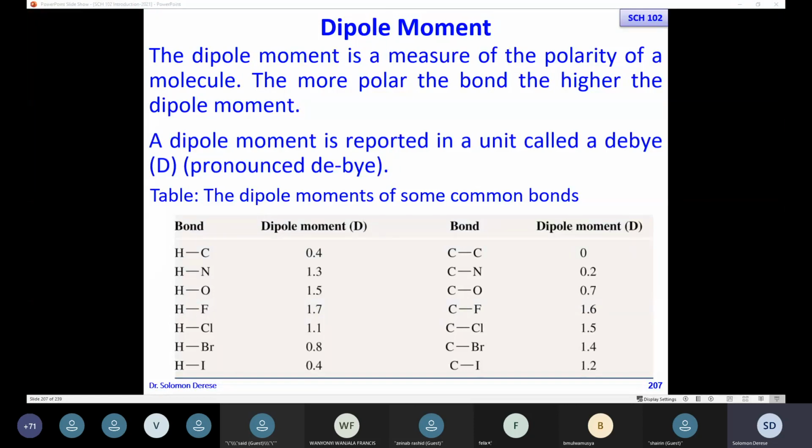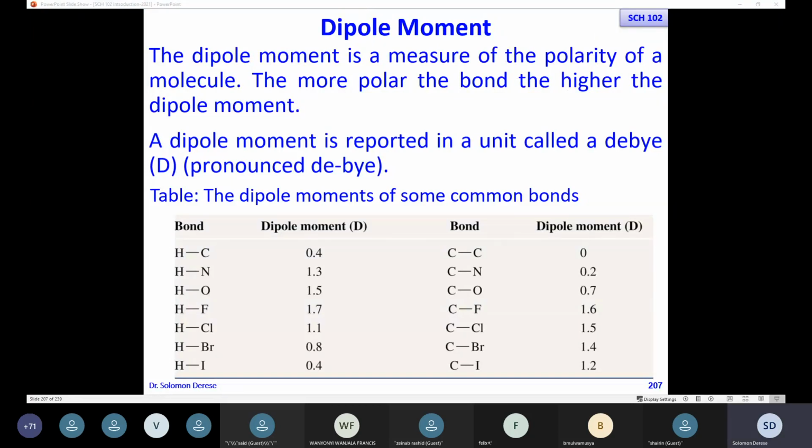Since carbon is a bit more electronegative than hydrogen, carbon will pull the electrons of the carbon-hydrogen bond towards itself more than the hydrogen would. So on the carbon, we'll have an excess of electron. On the hydrogen, we'll have a deficiency of electron. On the carbon, we put a partially negative charge. On the hydrogen, we put a partially positive charge. This is one way of showing the polarization of a bond. The other way is the crossed arrow.